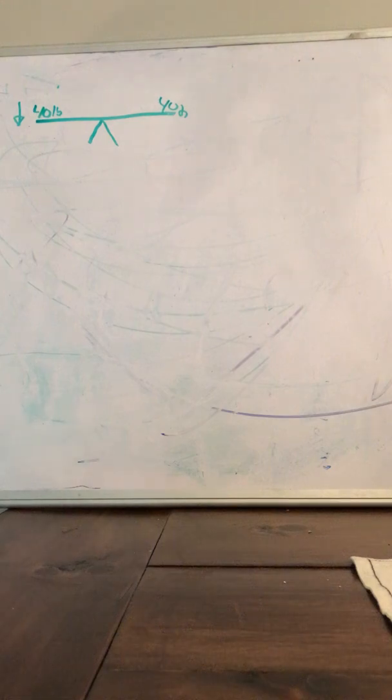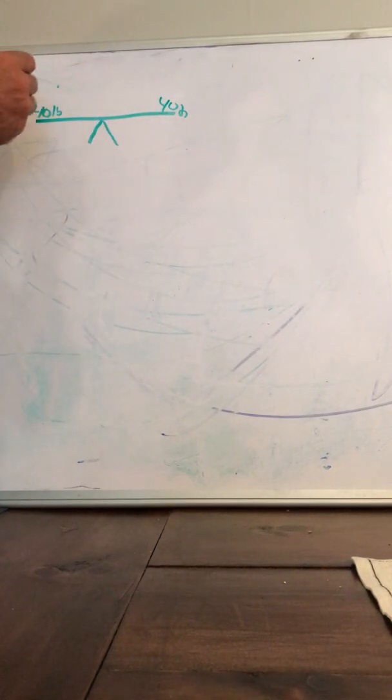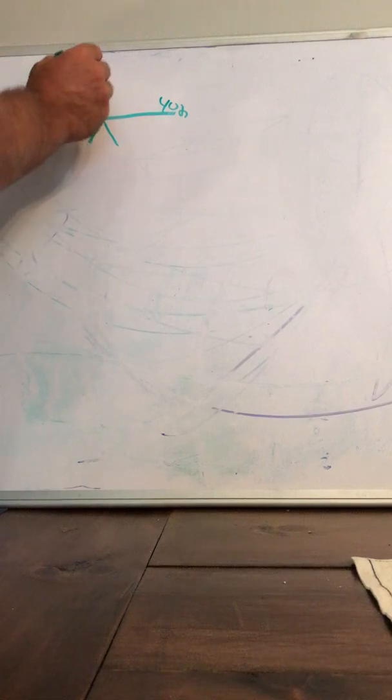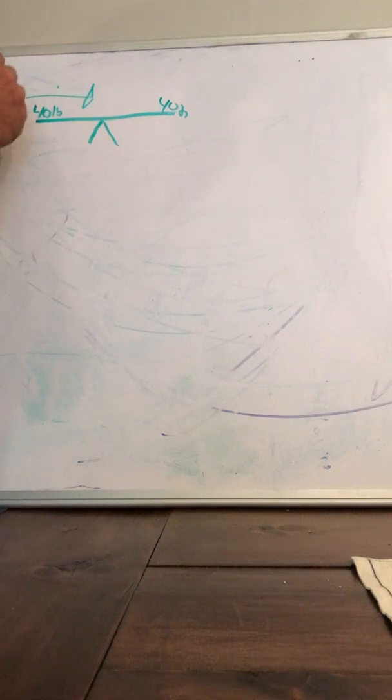Now, we also have moment arms. A moment arm acts perpendicular to the force and runs indefinitely. So, we technically have 2 moment arms here. We have a moment arm for our resistance force that is running perpendicular indefinitely.